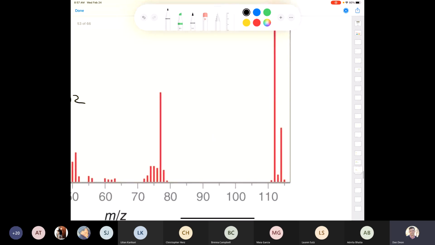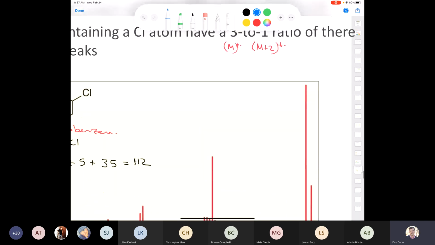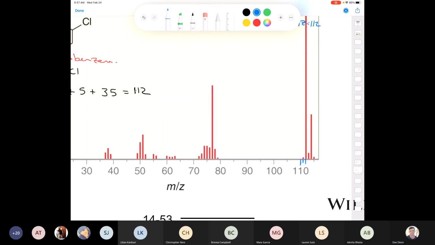You've got 110, 111, 112, okay? So here's our molecular ion. It's got a mass over charge equal to 112. Over here you've got 113, 114. So the mass over charge here is equal to 114, and that is your M+2 ion.